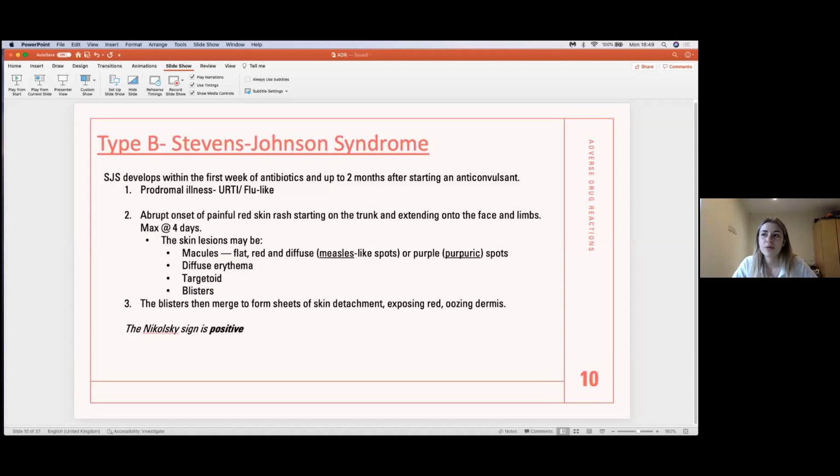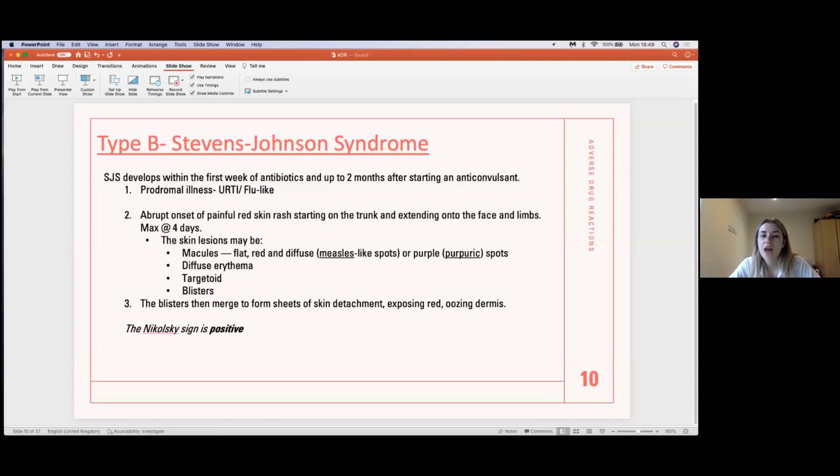So the lesions seen on these patients will be macules, which are flat, red and diffuse measles-like spots, and purpuric spots, so really purple, smaller spots. You'd also notice diffuse erythema, so just red, painful, swollen all over, starting at the trunk and then moving towards the extremities.